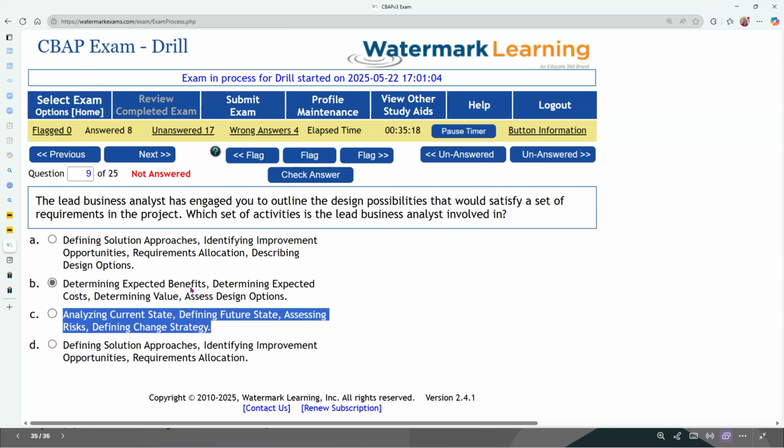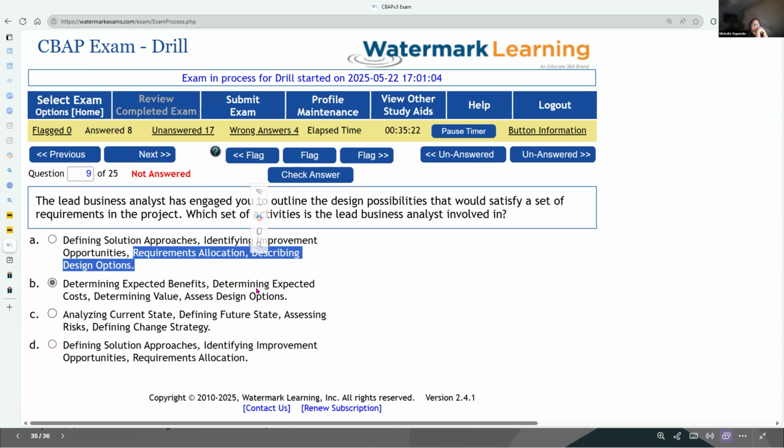How about A? What's wrong with A? Yeah, I was gonna say requirements allocation. This is for define design options. That one is also describing design options.